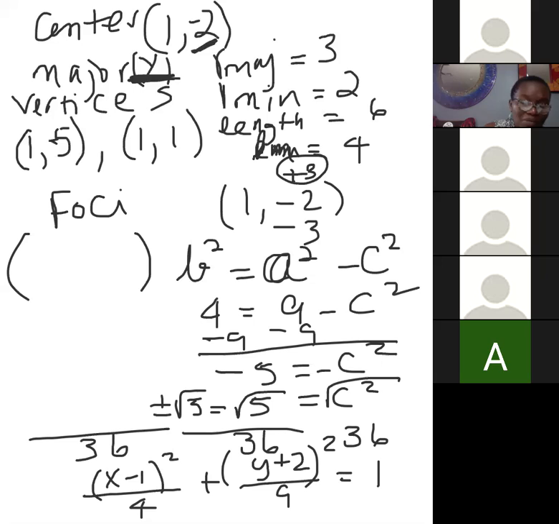So since y is the major axis, this means that the -2 is going to be affected. So that 1 remains the same, but the -2, we're going to do plus or minus the radical 5 to it. And that would be where the foci for this ellipse are located. 1 comma -2 plus radical 5. The other one would be at 1 comma -2 minus radical 5.